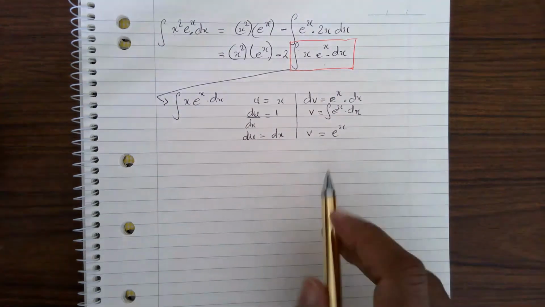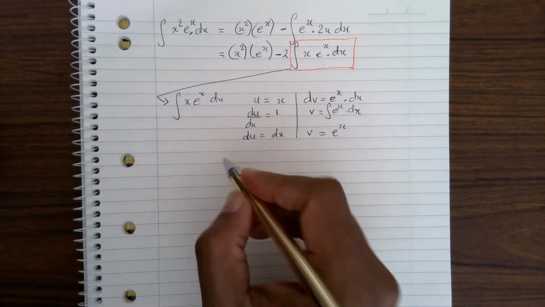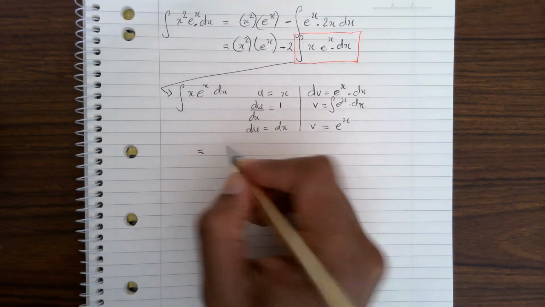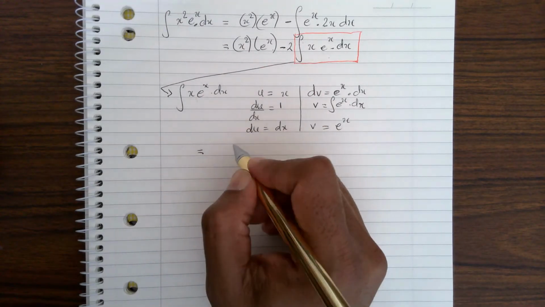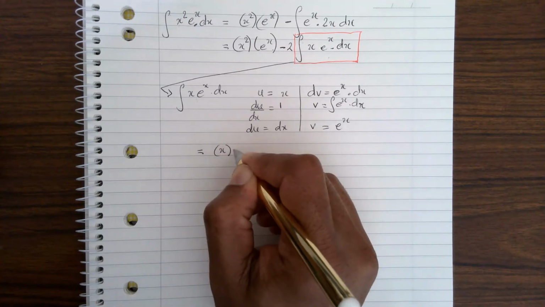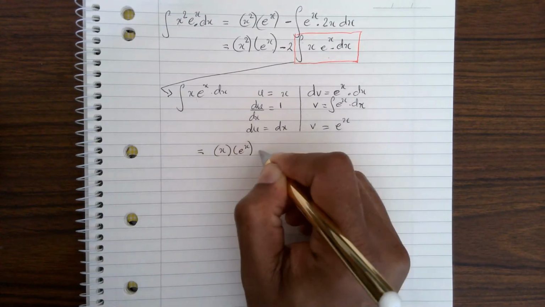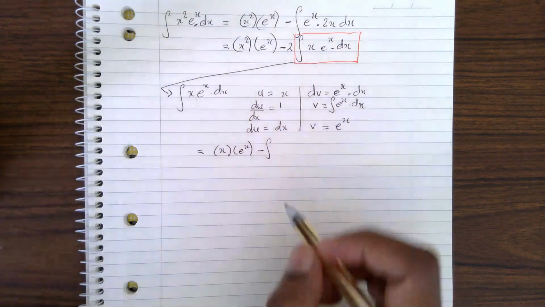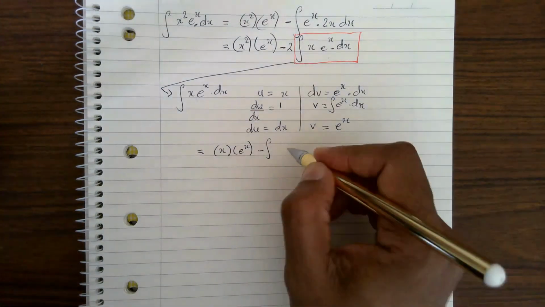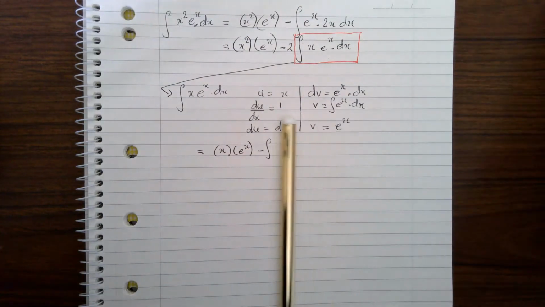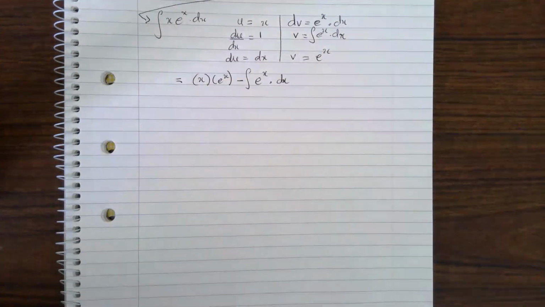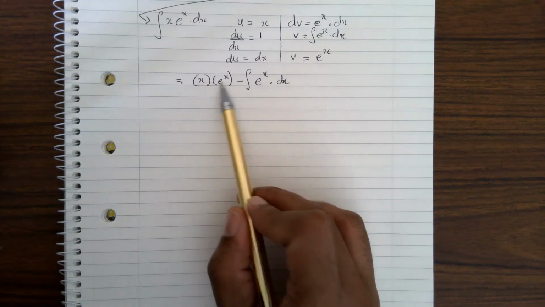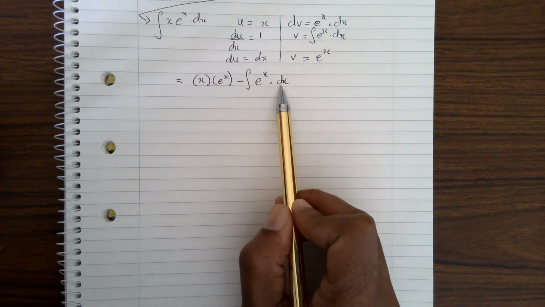Okay. So going back to this here, that becomes u times v, which is the formula for integration by parts. So uv, x times e to the power x, minus the integral of, okay, so I've got this here on the right hand side, uv minus the integral of v du.